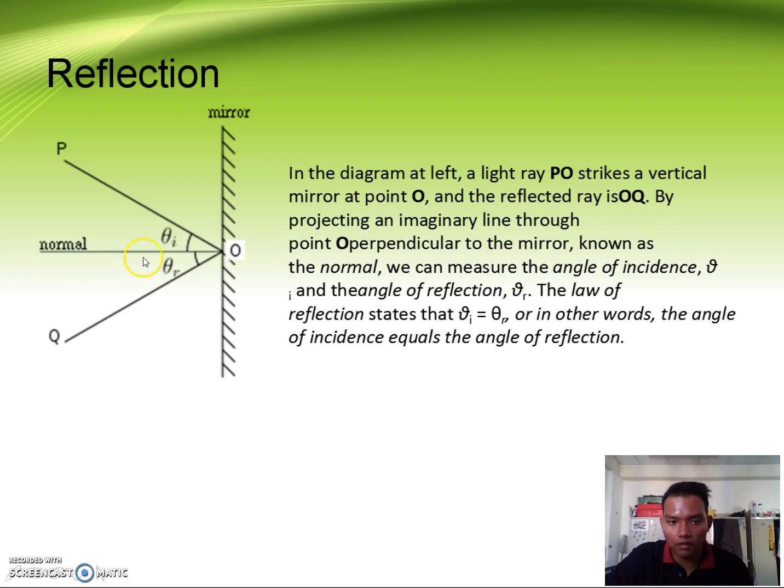This is the normal line, straight at 90 degrees. We can measure the angle of incidence and then the angle of reflection. This is the symbol of the angle of reflection. The law of reflection states that the formula is this, or in other words, the angle of incidence equals the angle of reflection.